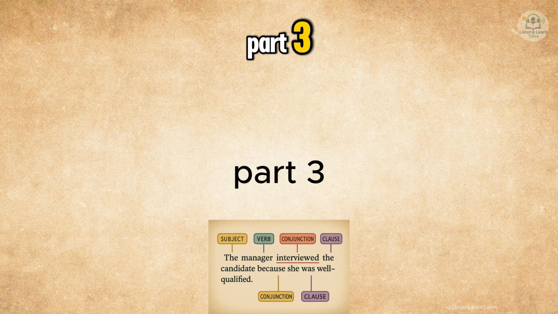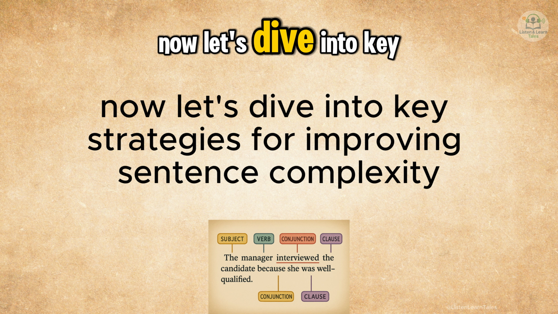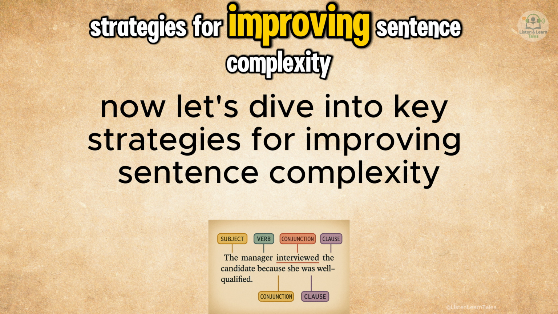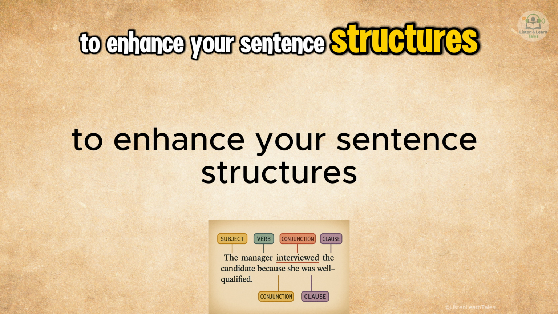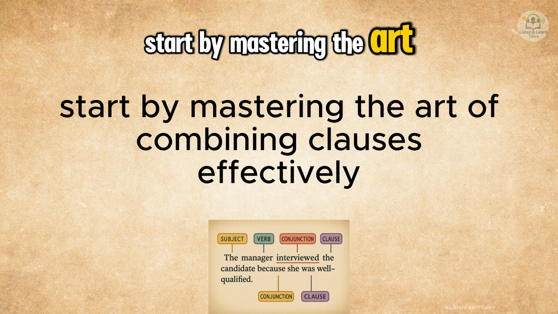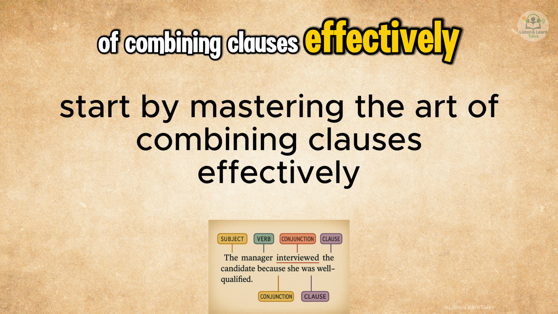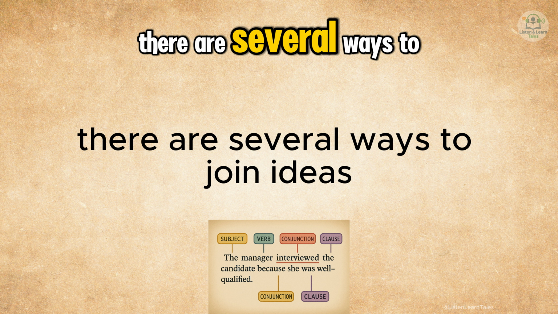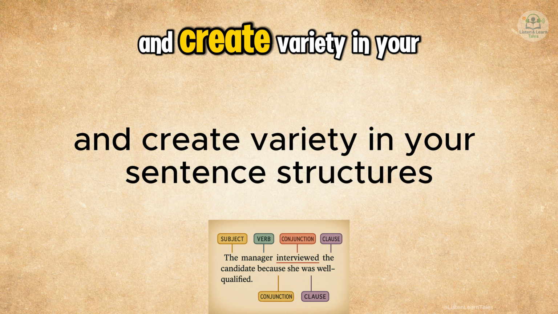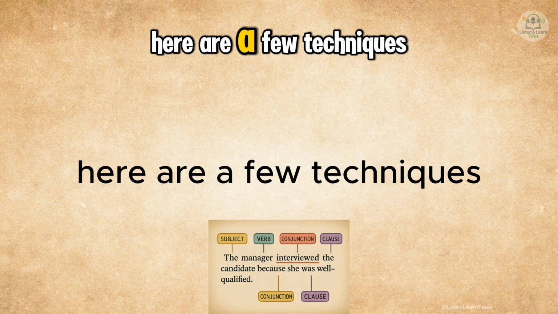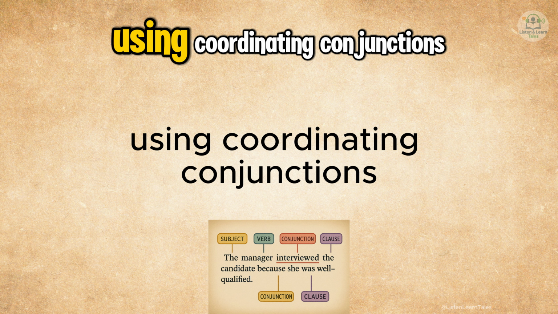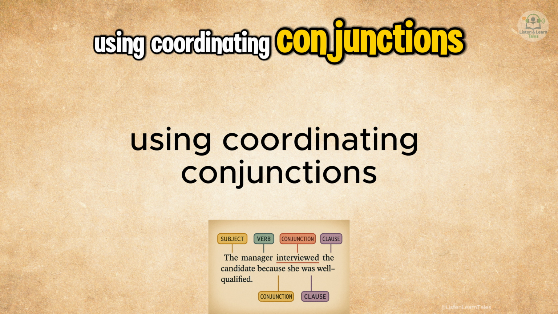Part 3. Now, let's dive into key strategies for improving sentence complexity. To enhance your sentence structures, start by mastering the art of combining clauses effectively. There are several ways to join ideas and create variety in your sentence structures. Here are a few techniques. Using coordinating conjunctions.